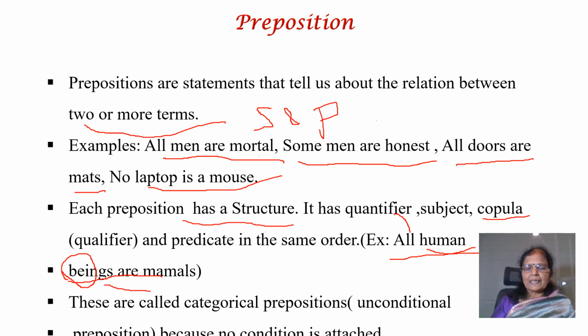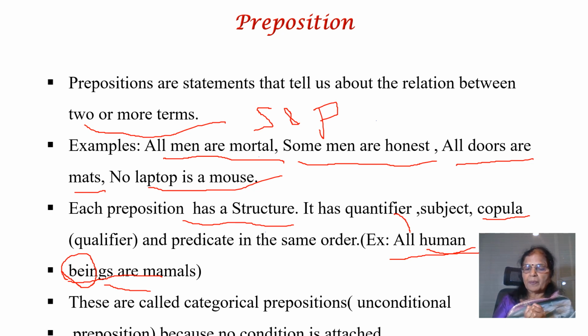So you just understand. All these statements which come under syllogism are unconditional preposition. There are no conditions attached. No if, either this or that. That is not there in categorical preposition.